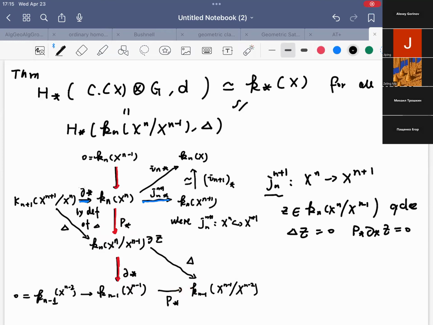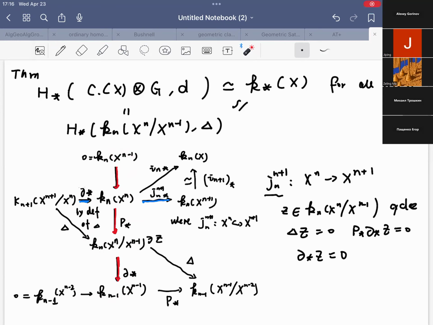And by this, p star is a monomorphism because this is zero. So partial star Z equals zero. Then you use the long exact sequence of the red column.